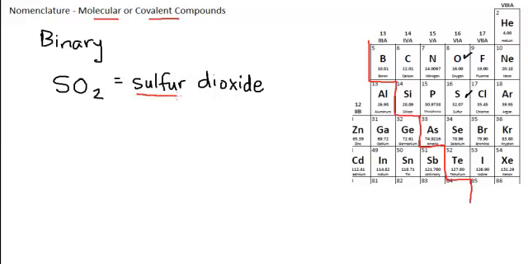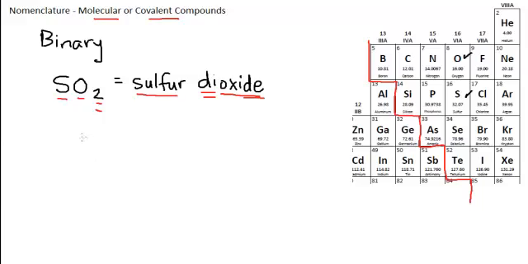The first element listed in the formula is simply named. The second element listed is oxygen. I change the ending to "ide," just like in our ionic compounds, so this is oxide. And I have a prefix, di, for the number 2. And that's essentially how we name binary covalent compounds.